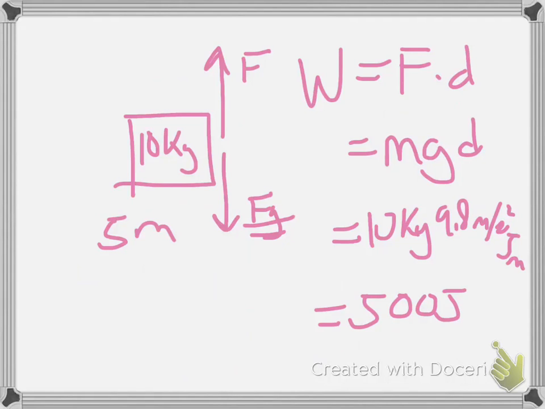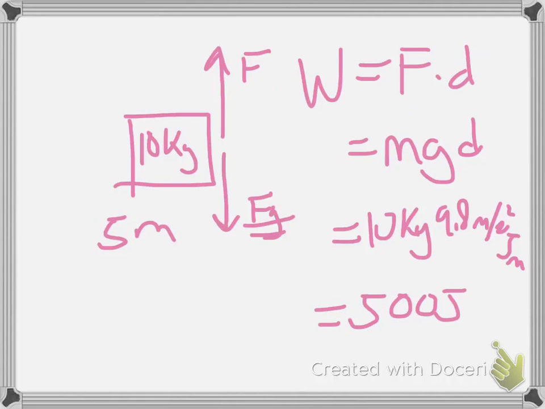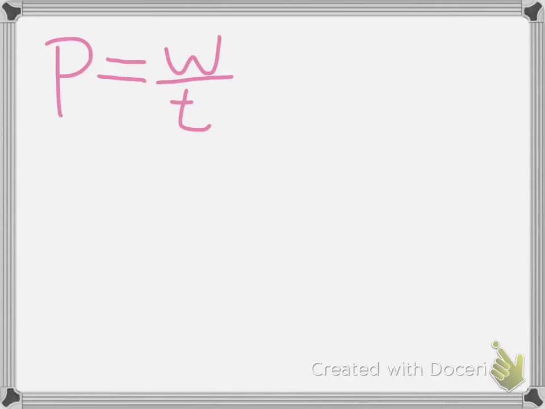Now another thing that we can do with work is then find the power. And power is simply the work over the time. So let's go back to this one. Let's say it was lifted those 5 meters in 2 seconds. So our work would be our 500 joules.